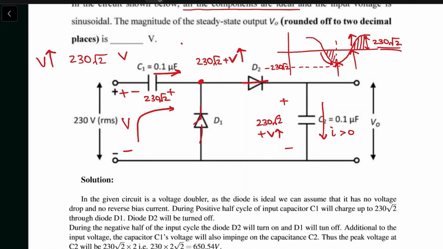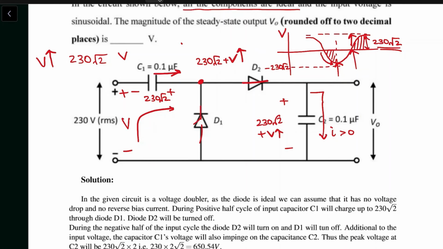And how much will it rise to? It will rise for as long as this current flows, and as long as the current is flowing, the voltage is rising, till the point where the input voltage V reaches plus 230 root 2.